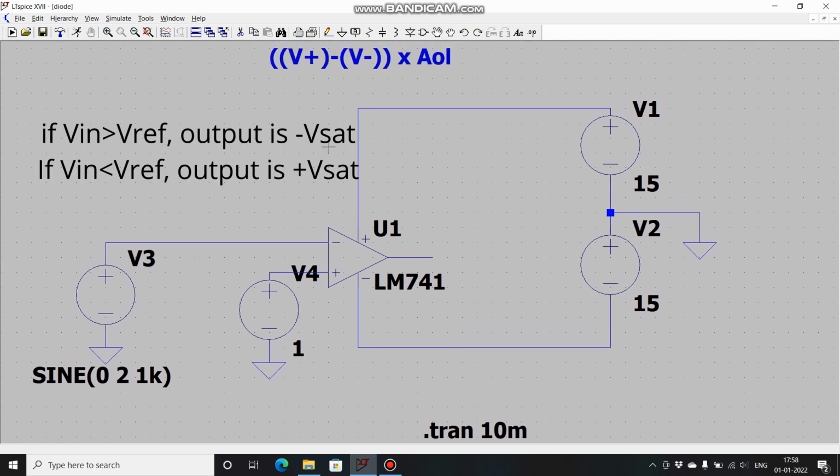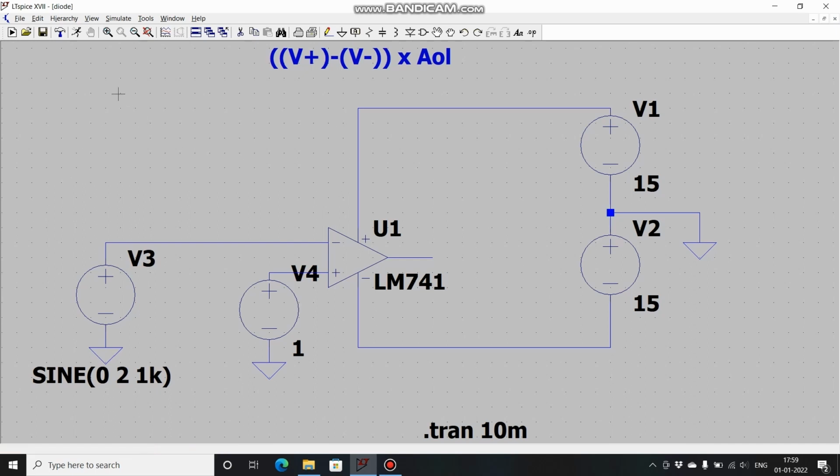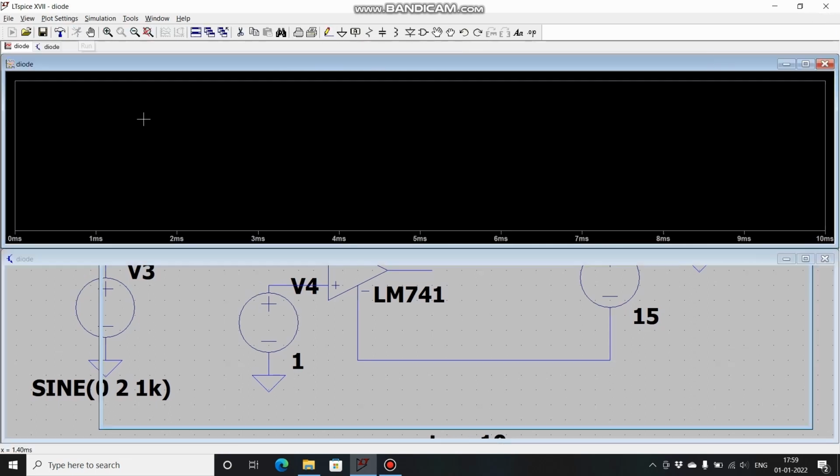What will happen is whenever this sine wave is greater than 1 volt, our output is now going to be in the negative saturation region. It's completely opposite of what we saw in the non-inverting case. Whenever this sine wave is less than this reference, the output will be positive saturation. Let's simulate and see.